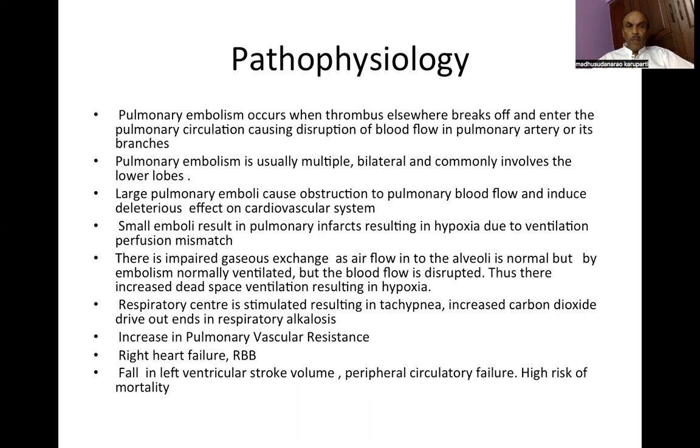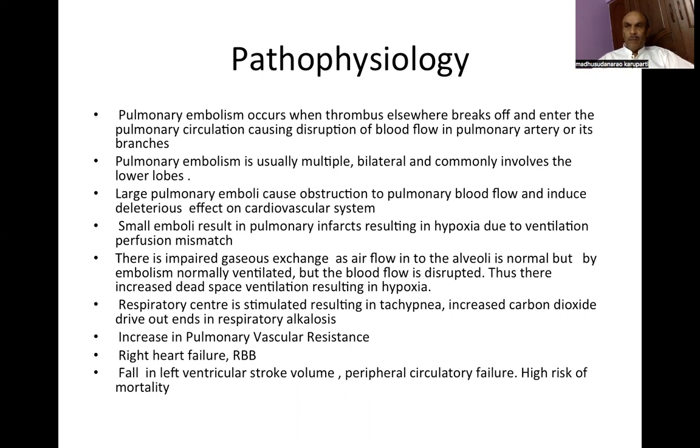Well, small emboli result in pulmonary infarction, resulting in hypoxia due to ventilation perfusion mismatch. What's happening? The alveoli are open and the ventilation is normal. The alveolar sacs are normally ventilated and the capillary blood flow is dramatically decreased.